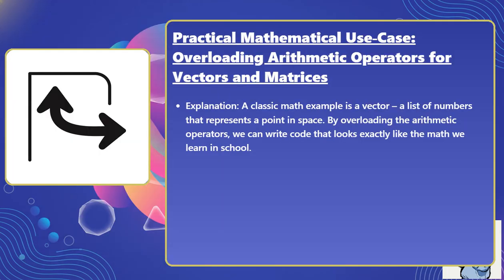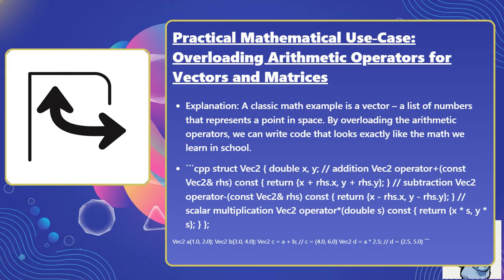Explanation: a classic math example is a vector, a list of numbers that represents a point in space. By overloading the arithmetic operators, we can write code that looks exactly like the math we learn in school. Struct vec2 with double x and y. Addition operator plus takes a const reference to a vec2 and returns a vec2 with x plus rhs.x, and y plus rhs.y.